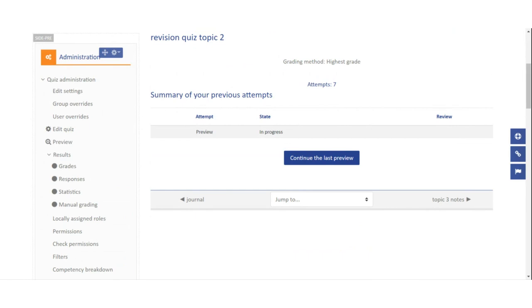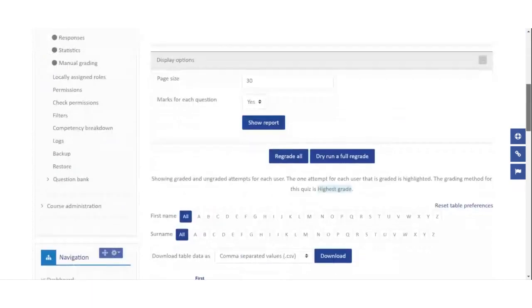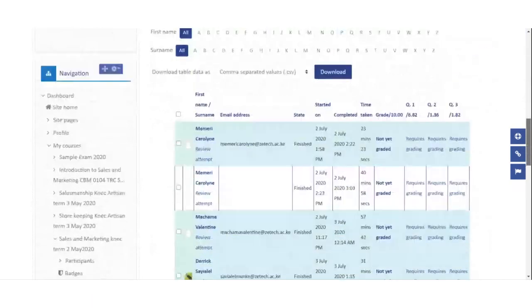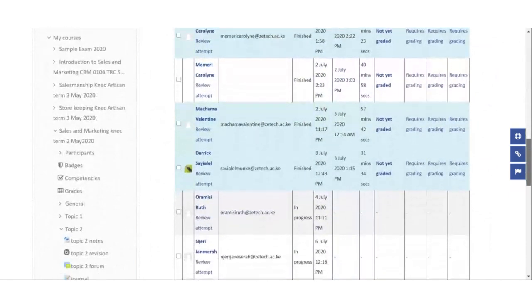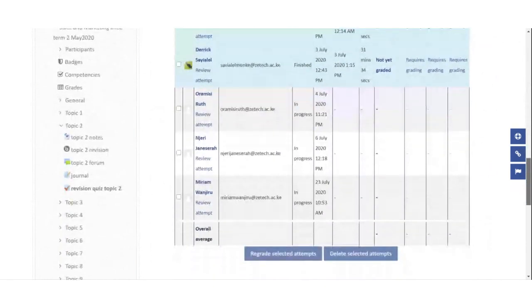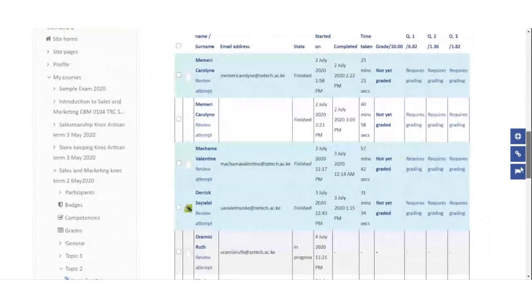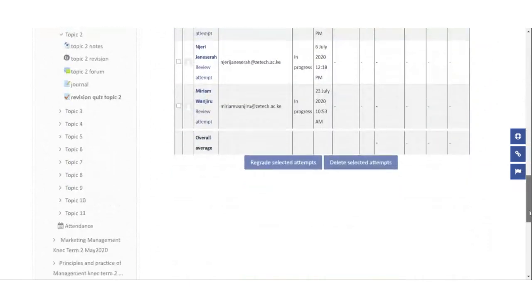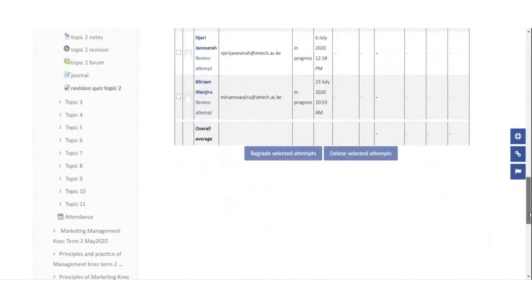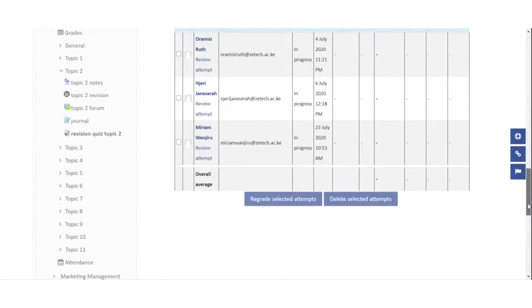So make sure every activity from the very beginning up to the end. Your name is not here because you have not attempted the work. So make sure you do the work.